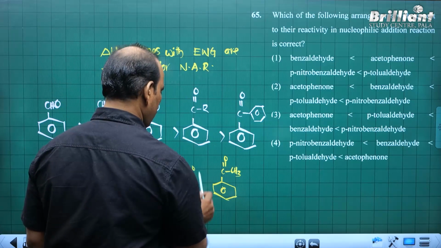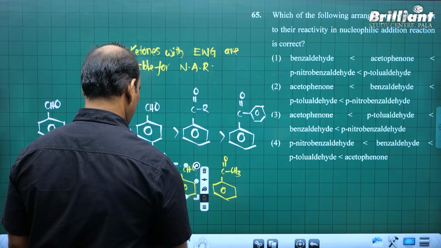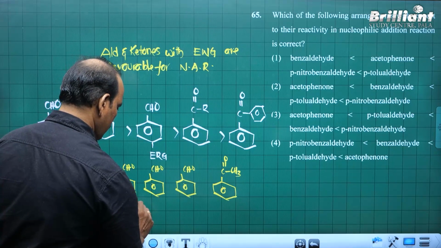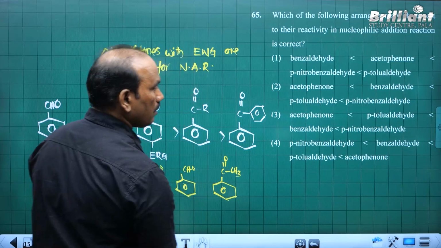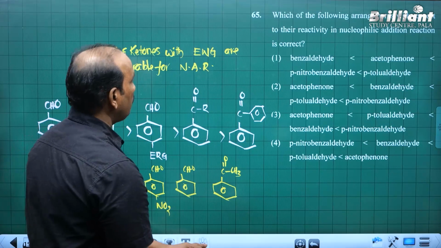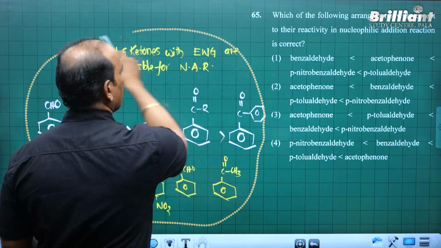Para-tolualdehyde, this is CH3. Next one has a nitro group. These are the given compounds.